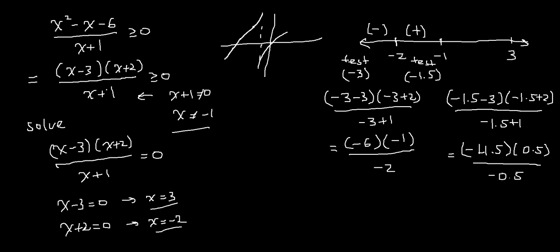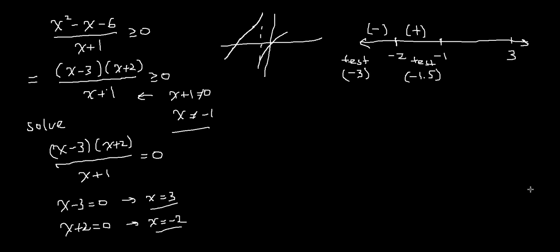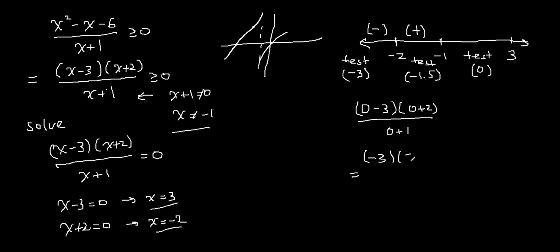Alright, we're running out of space, so let's just delete this. If you need to review it, just go back in the video and watch it again. Here let's test 0 for this section. So 0 minus 3 times 0 plus 2, all over 0 plus 1. That's negative 3 times positive 2 all over 1, which is a negative.